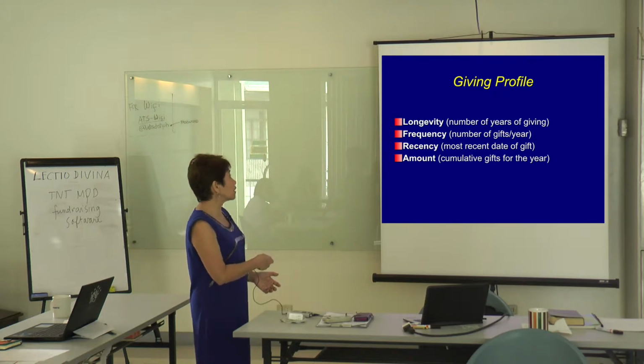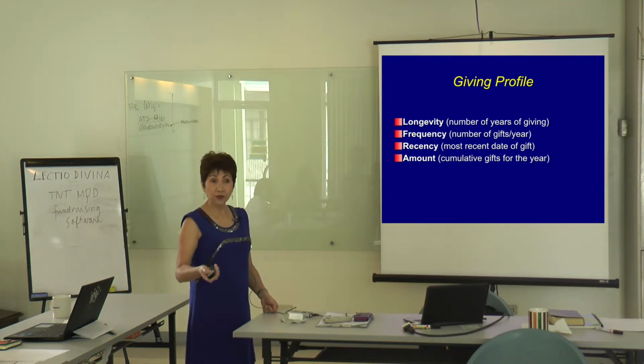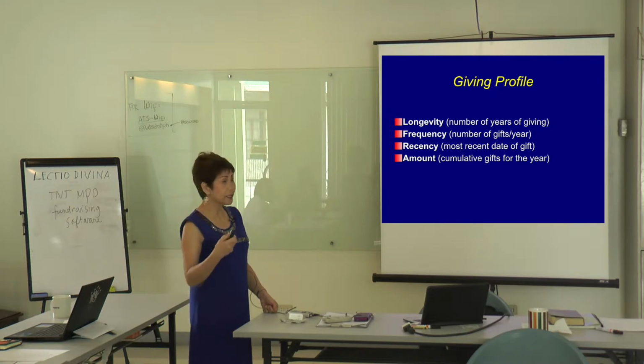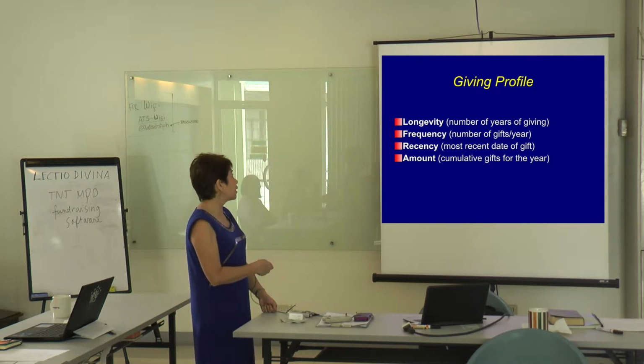So it will tell the frequency, gifts per year, so you know who is giving annually, giving quarterly, and monthly. The recency is the date of the most recent gift, and the amount. The amount would tell the cumulative gift for their lifetime.